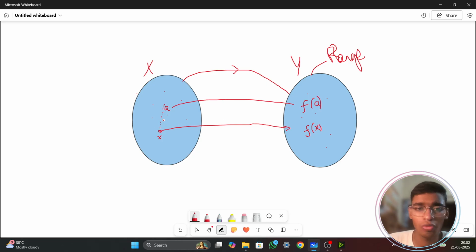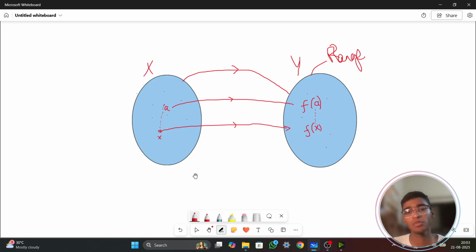When I'm moving towards a from x, my function would also move towards f(a). That means for every value of x which tends to a, a is a point, actually called a limit point; you will get to know this when you study higher mathematics. So whenever my x tends to a, I have an equivalent image of x, which is f(x), and an equivalent image of a, which is f(a), in my set Y, such that my f(x) always tends to f(a) when x is tending to a. So this was exactly the thing, and you can see there are unique images.